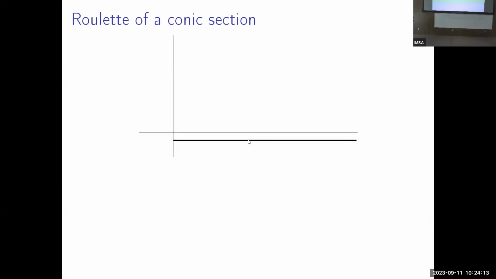Which are the most famous constant mean curvature surfaces in R3? Compact ones are only spheres, but there are very many non-compact ones. In the 19th century, a French mathematician, Delaunay, classified all the constant mean curvature surfaces that are invariant by rotation.